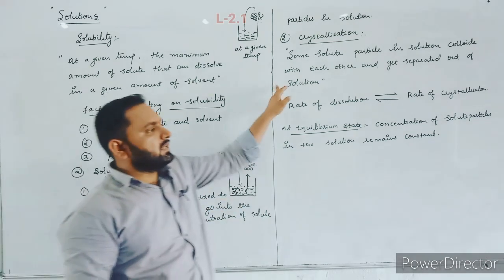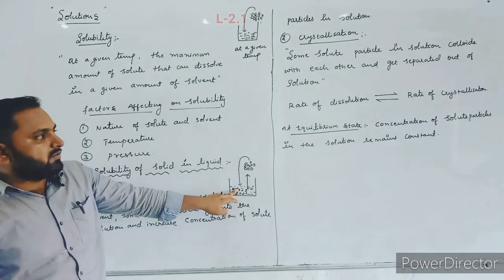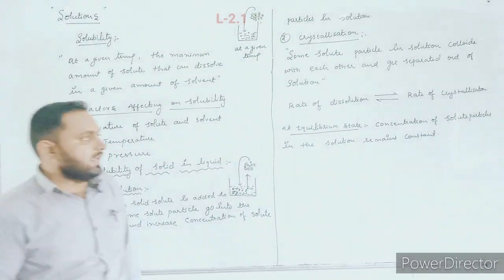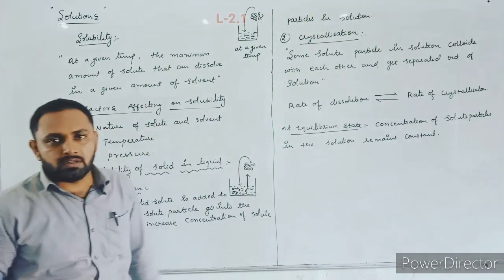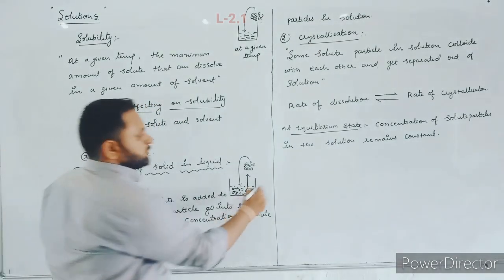During the crystallization, the concentration of solute particles in the solution decreases. But when the rate of dissolution becomes equal to the rate of crystallization, the concentration of solute particles in the solution remains constant. Next, let us discuss a saturated solution.